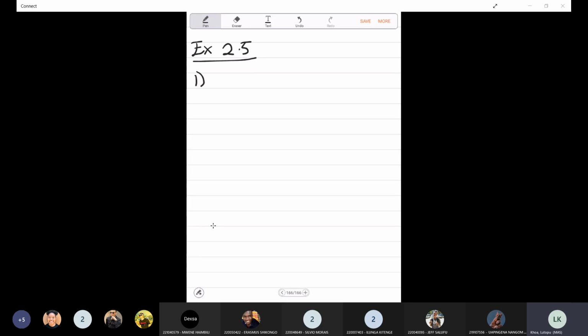Okay, for number 1, we have z is equal to e to the power of xy, and then we are told that x is ln of uv and y is cos of uv. So now we want to find the total derivative of z with respect to u as well as with respect to v.